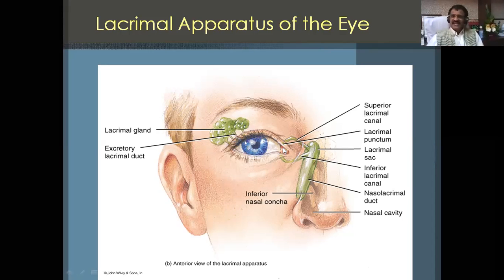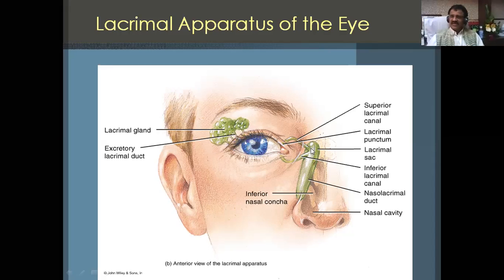and finally it is drained at this medial corner, near the medial commissure, and there are canals draining it into the nasolacrimal duct, which we have studied at the time of anatomy of the lateral wall of the nose. The superior lacrimal canal and inferior lacrimal canal drain the excess tear fluid into the nasolacrimal duct.